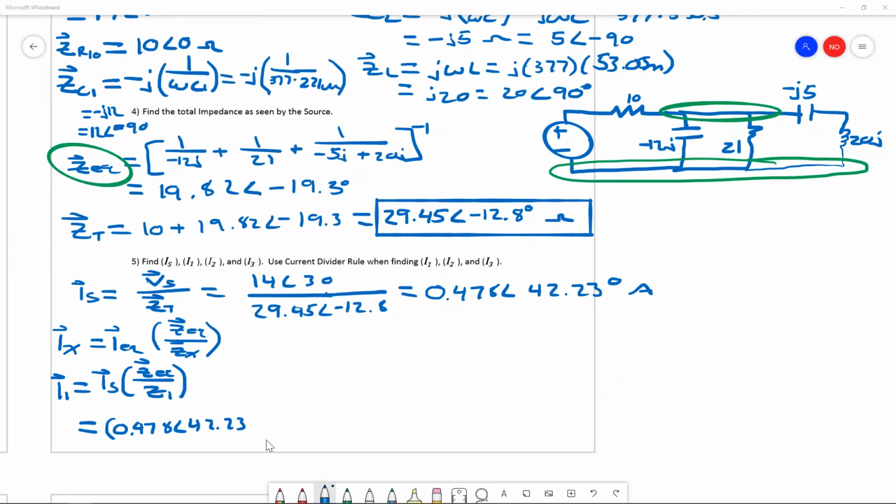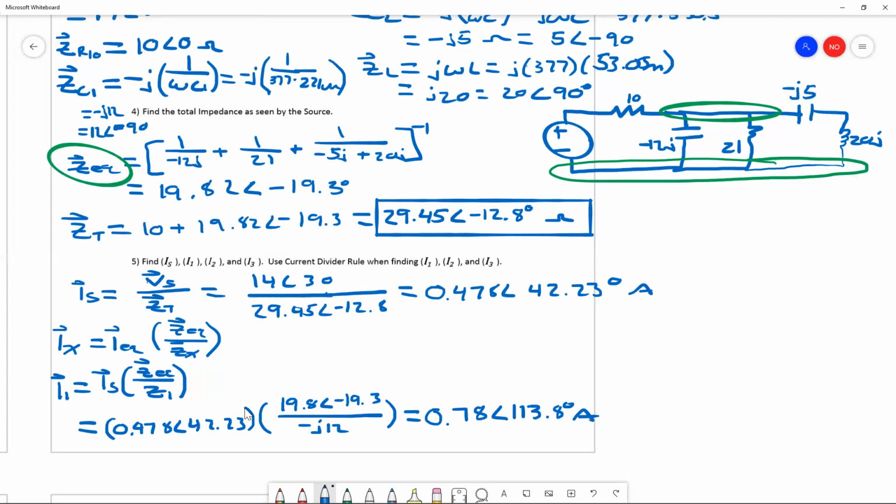And then our ZEQ was 19.8 at an angle of negative 19.3. And that's over the impedance of our first branch, which was negative J12. That's going to give us roughly 0.78 at an angle of 130.8 degrees, and that is in amps.